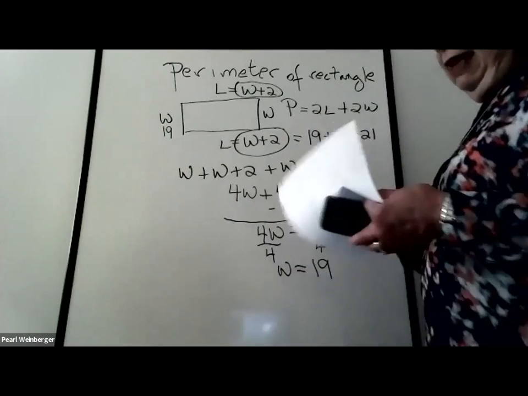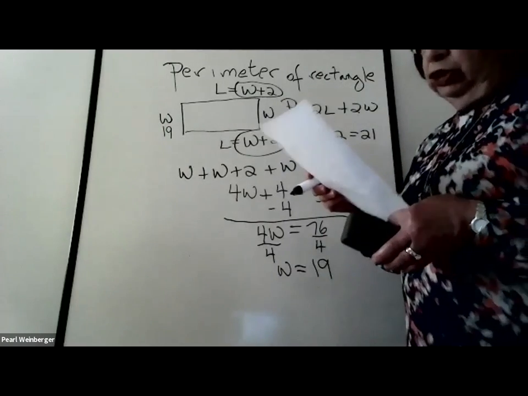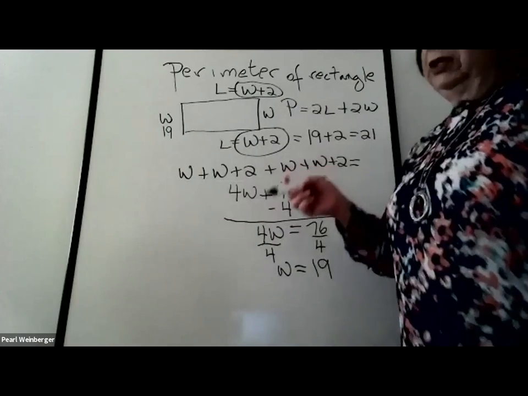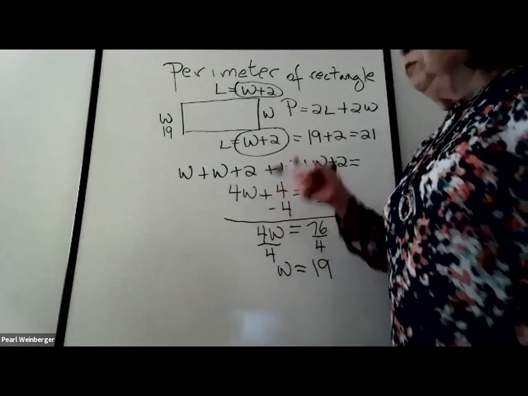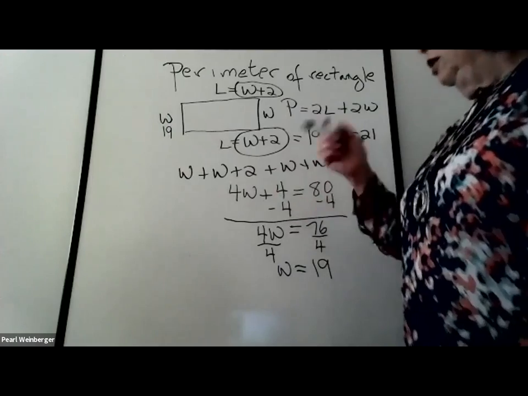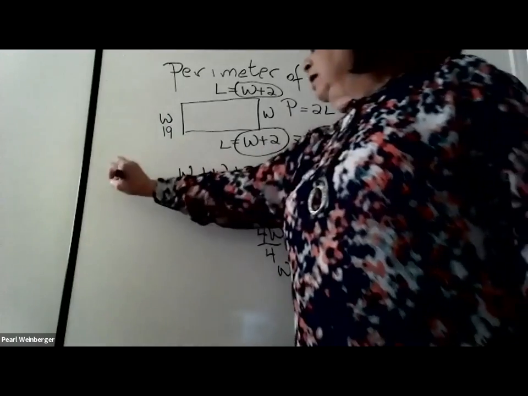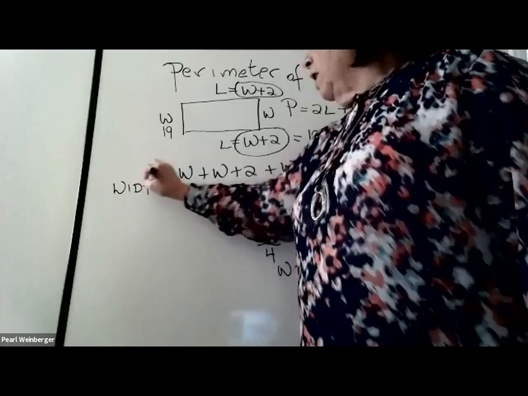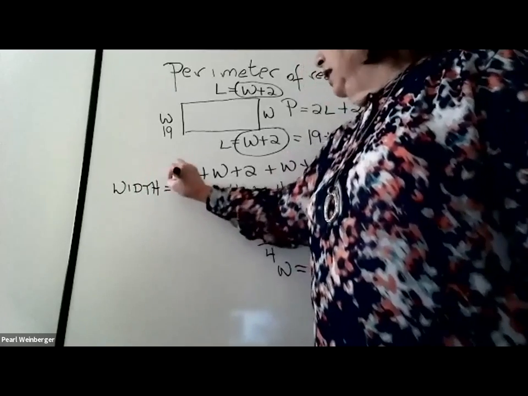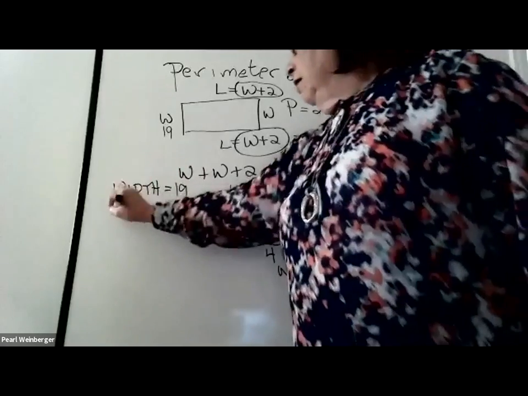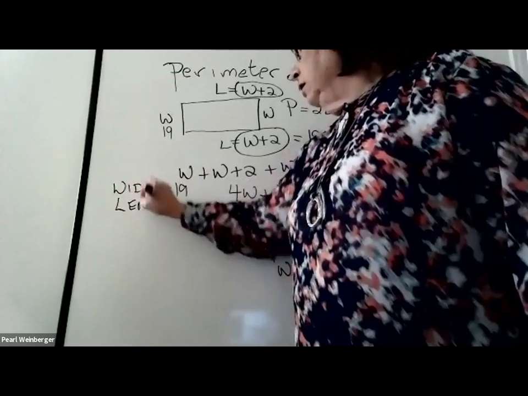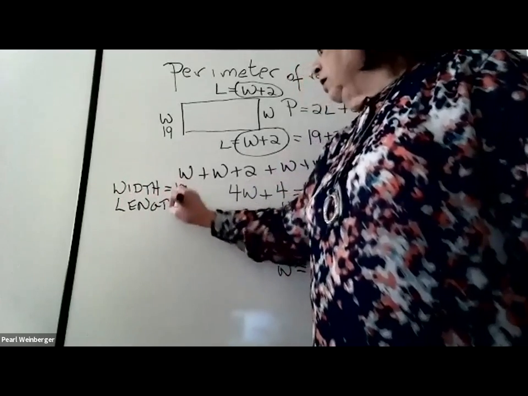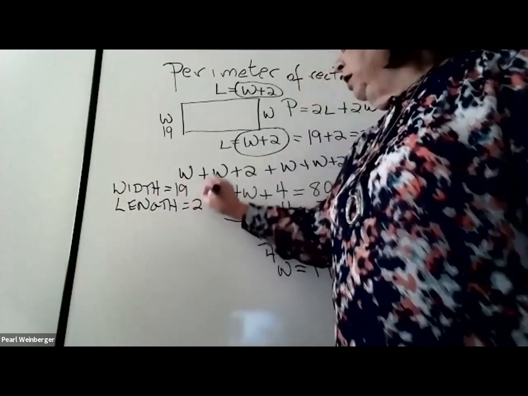So when it asks what are the dimensions of the rectangle, the word dimensions means both the length and the width. So I could write width equals 19, length equals 21.